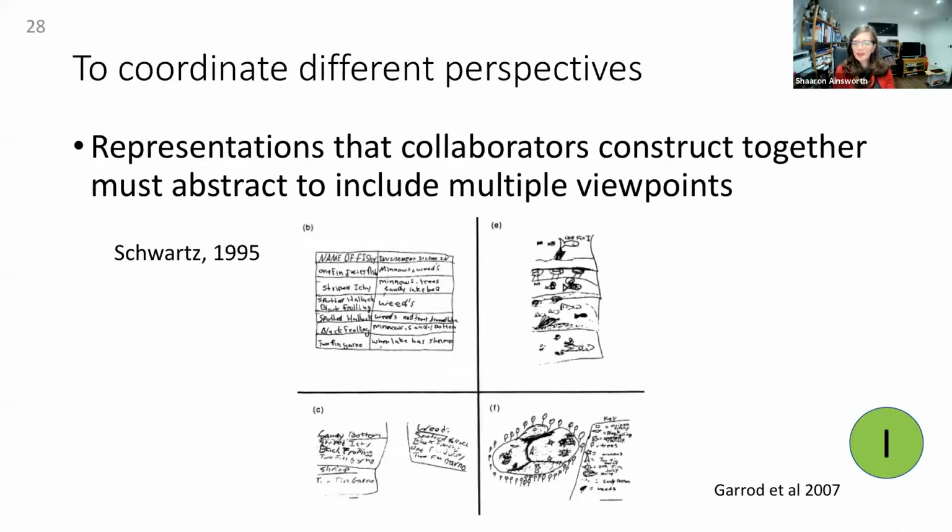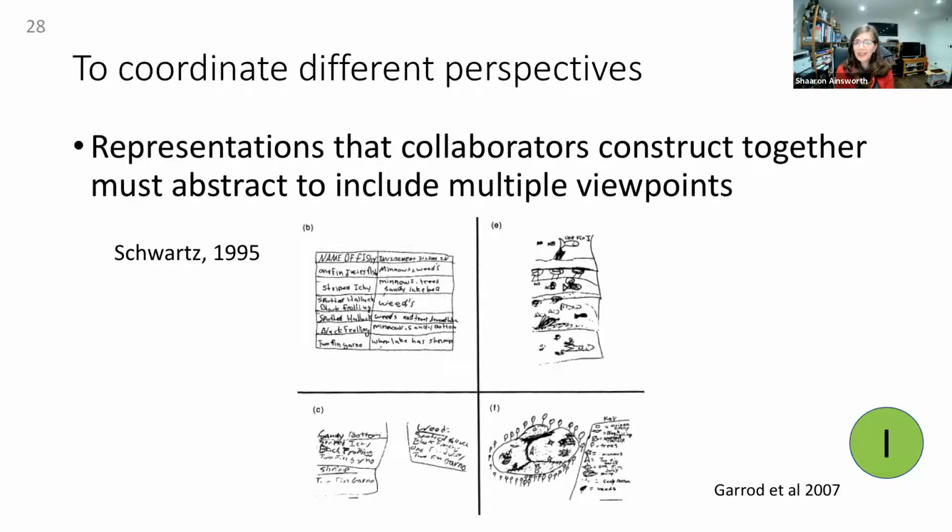So some very early work by Dan Schwartz, again, was giving people constraint satisfaction problems where they were trying to work out what should be the properties of a pond such that different kinds of fish could live in it. I mean, it was just a logic puzzle, really. It wasn't a biology puzzle. And what he found was that when people collaborated, they didn't necessarily make better solutions to the problem.